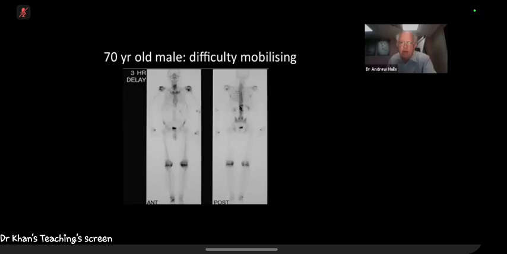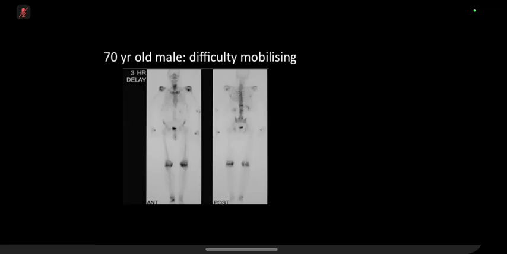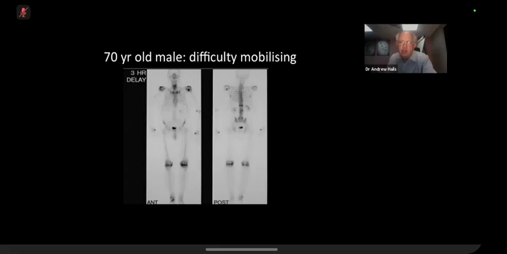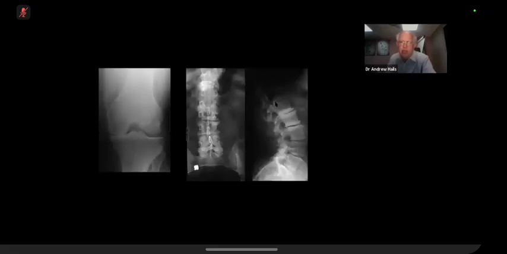So osteoarthritis bit here. And then there is a linear uptake in the lumbar vertebral body. So it's linear, but it's not like a focal at the site of the pedicle. So that's right. So this basically, as you're saying, this is the appearance of degenerative change.